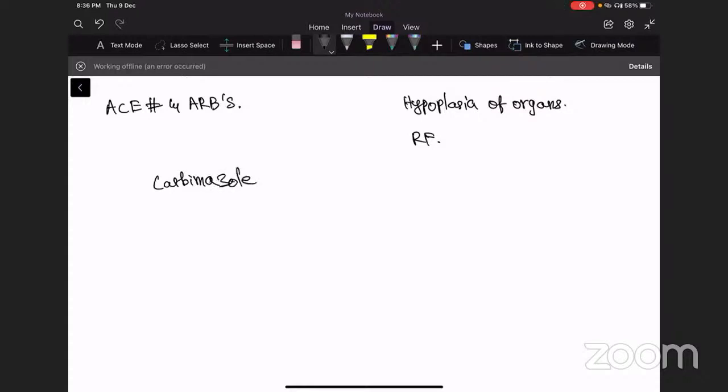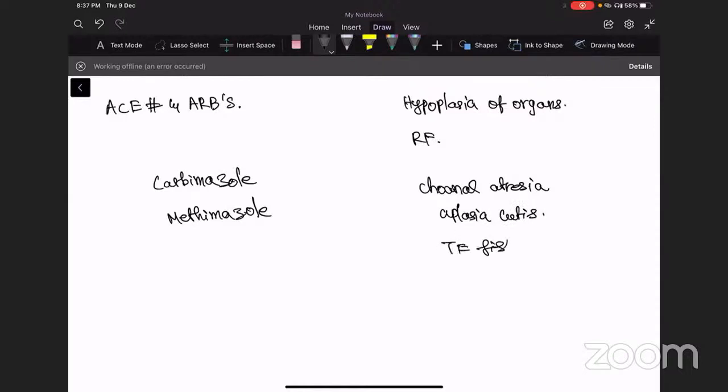Carbimazole and methimazole cause choanal atresia as a teratogenic side effect, aplasia cutis, tracheoesophageal fistula, or fetal goiter.